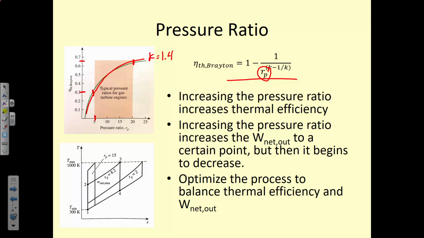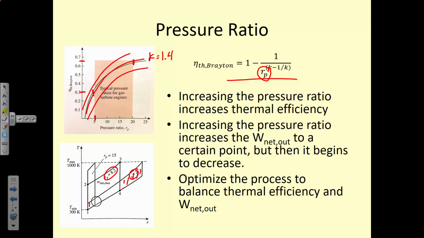So if we change K, then this line changes as well, which we can do in the Brayton cycle. We can modify K to also change this thermal efficiency. But increasing the pressure ratio sometimes is not a benefit to us, because as we increase the pressure ratio, say we have a pressure ratio of 2 and we increase it to 8.2, this area contained by this curve here is the amount of net work done by our system.